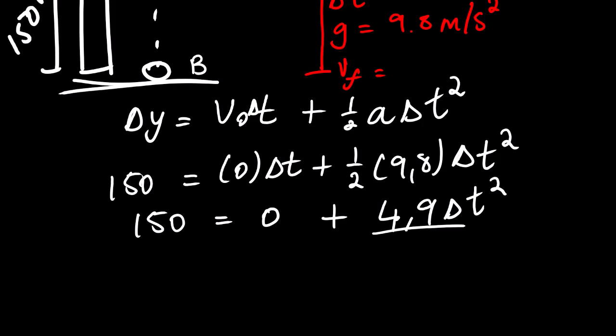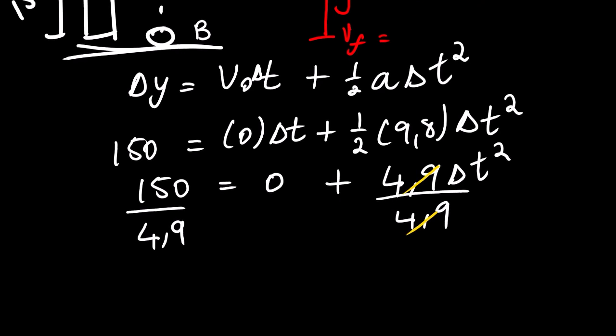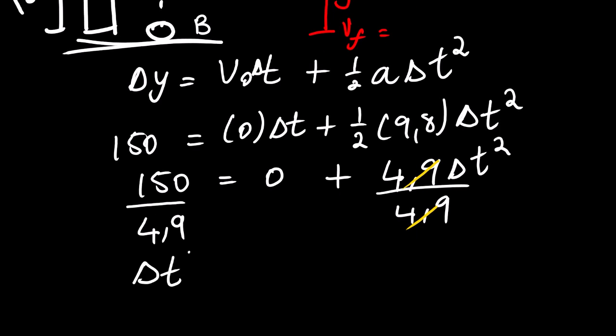Then from here we divide both sides by 4.9. This will result in 1 multiplied by change in time squared. We have change in time squared equals 150 divided by 4.9.